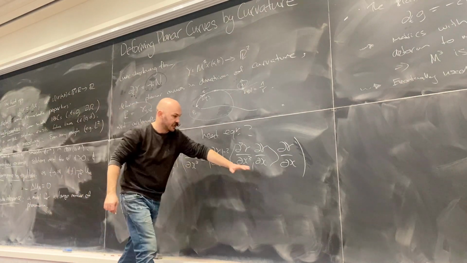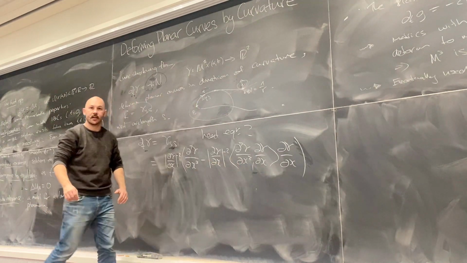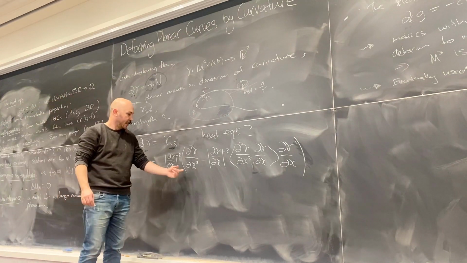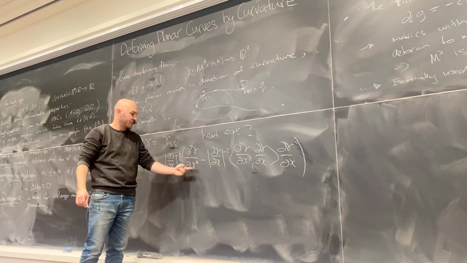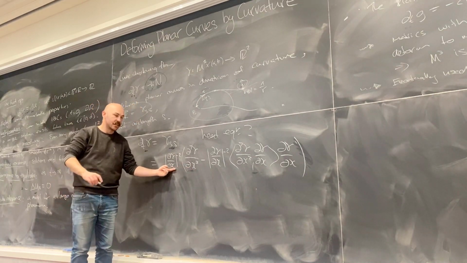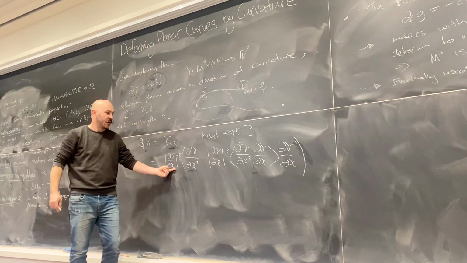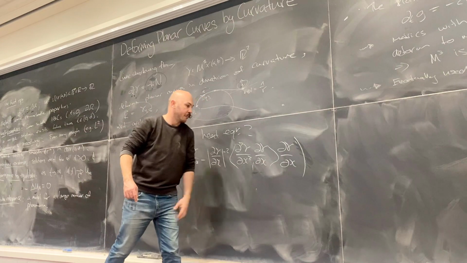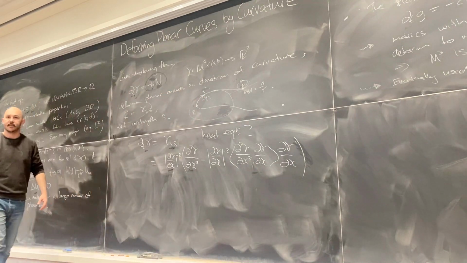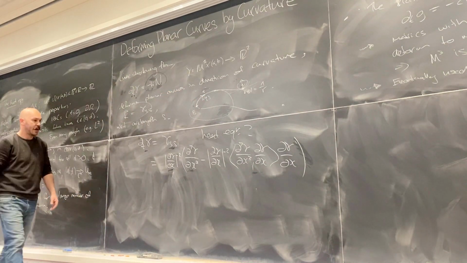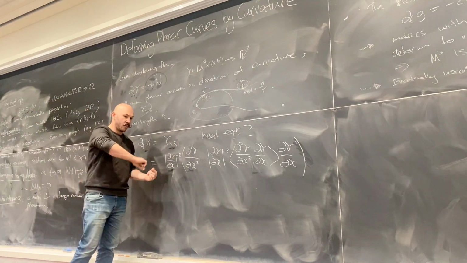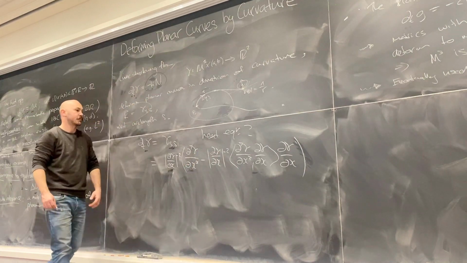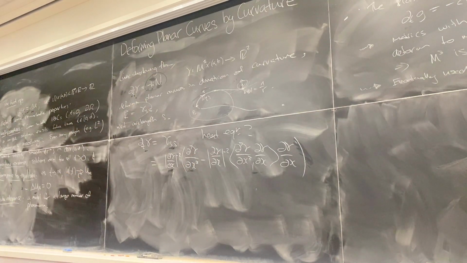So this is just a dot product in the plane. Okay, so here what you're doing is you're taking the second spatial derivative with respect to x, normalizing according to the speed of parameterization, and then you're projecting onto the normal vector. Okay, so you're subtracting off the tangential component. Okay, so you take the second derivative in space, normalize according to how fast you're parameterizing your curve, and then project onto the normal direction, subtract off the tangential component.